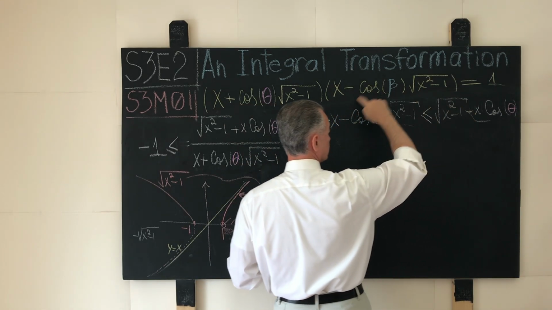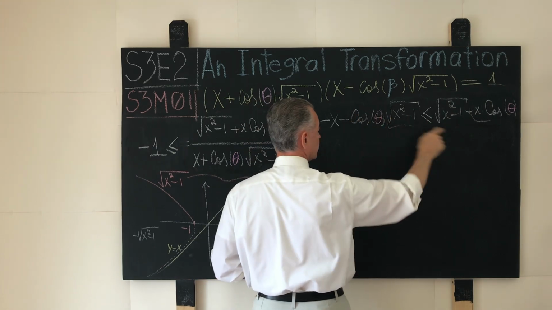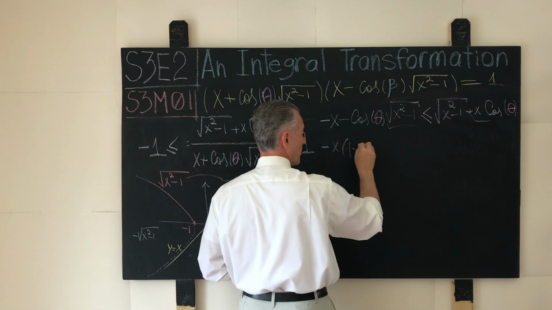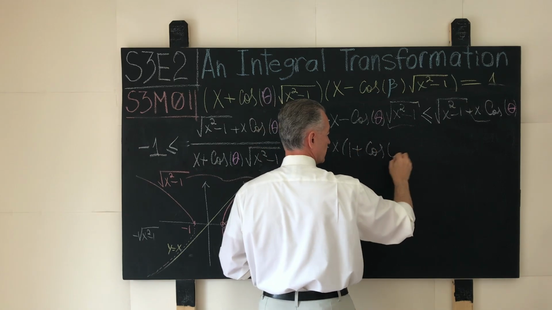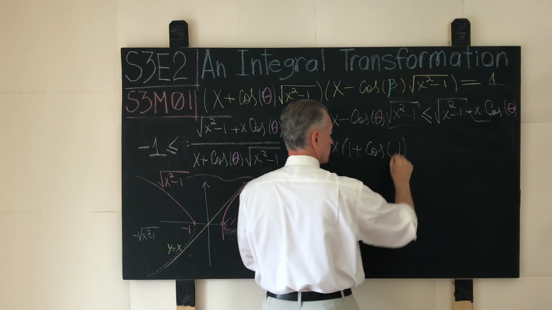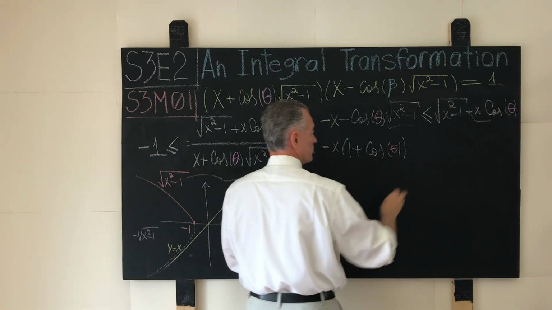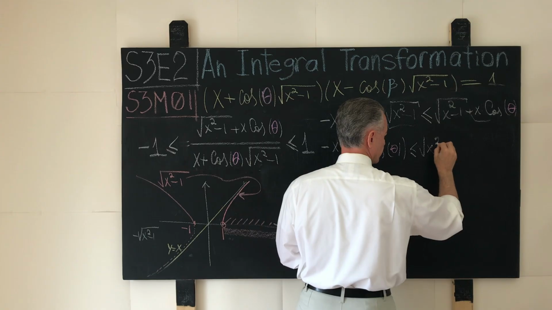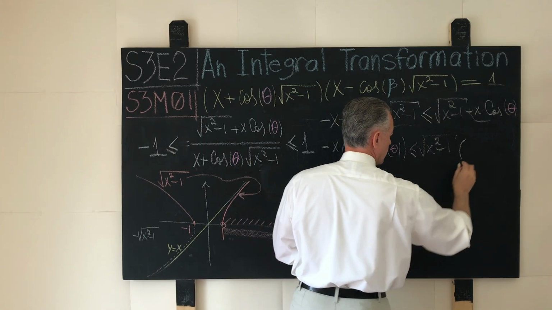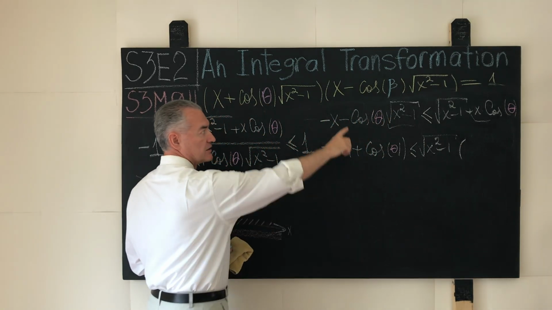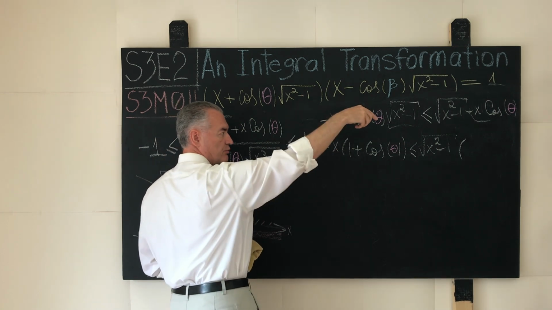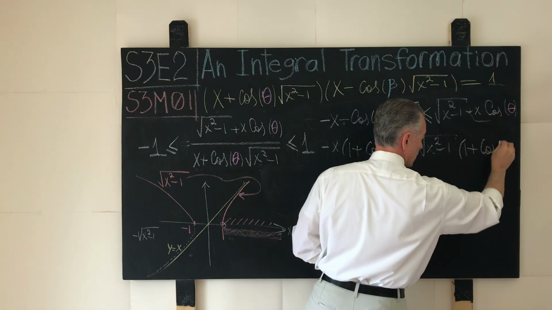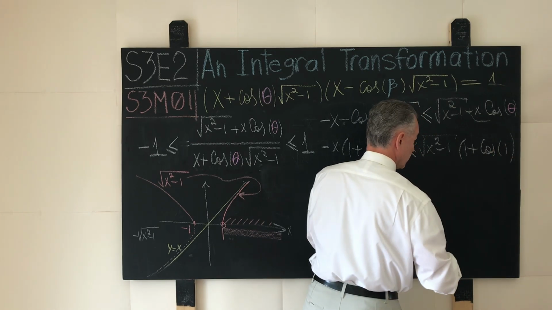Plus x jumps over to the left, becomes negative x, factor out negative x, obtain 1 plus cosine of theta in parentheses, presumably less than or equal to square root of x squared minus 1. Again, negative sign over here, jump over, gain plus 1 plus cosine of the angle theta.